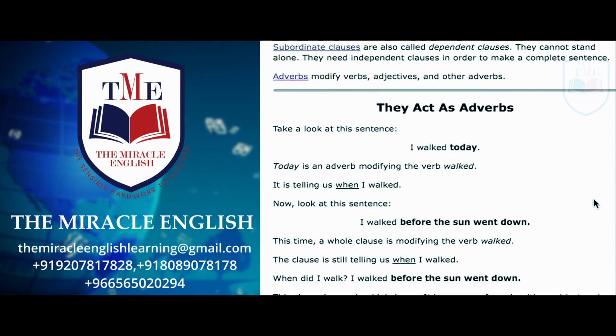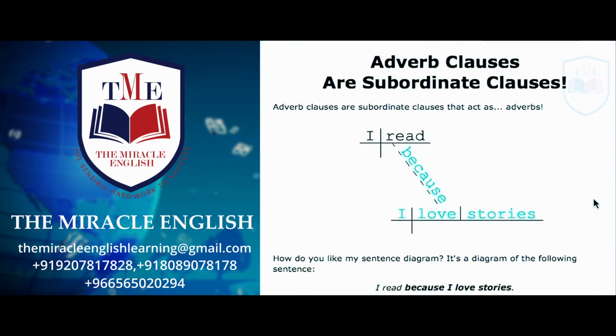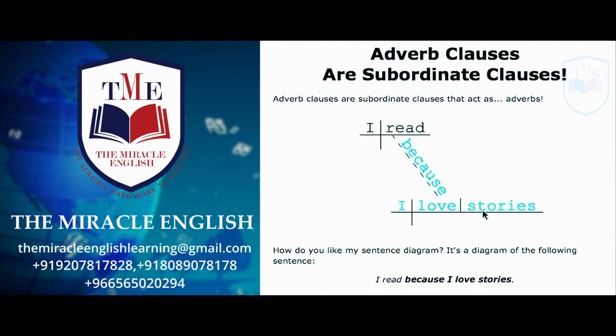So let's look at that sentence diagram at the top of the page here. It says, I read because I love stories. Now you know that I read is an independent clause. It has a subject and it has a verb and it expresses a complete thought. Because I love stories is the dependent adverb clause.